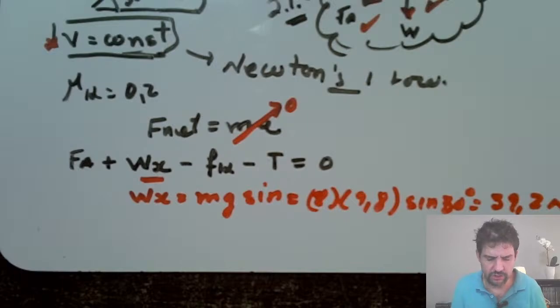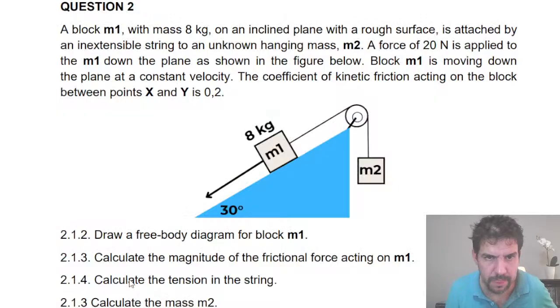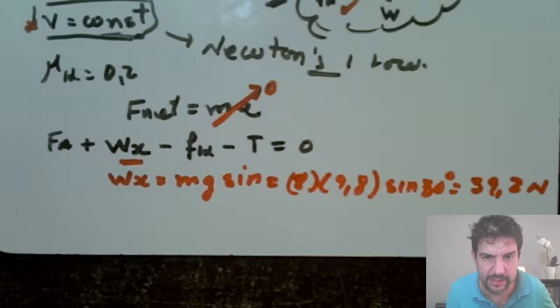Then you have everything. So now you substitute all the values you have in here. The applied force is given to us: a force of 20 Newton is applied to M1. That is the applied force.